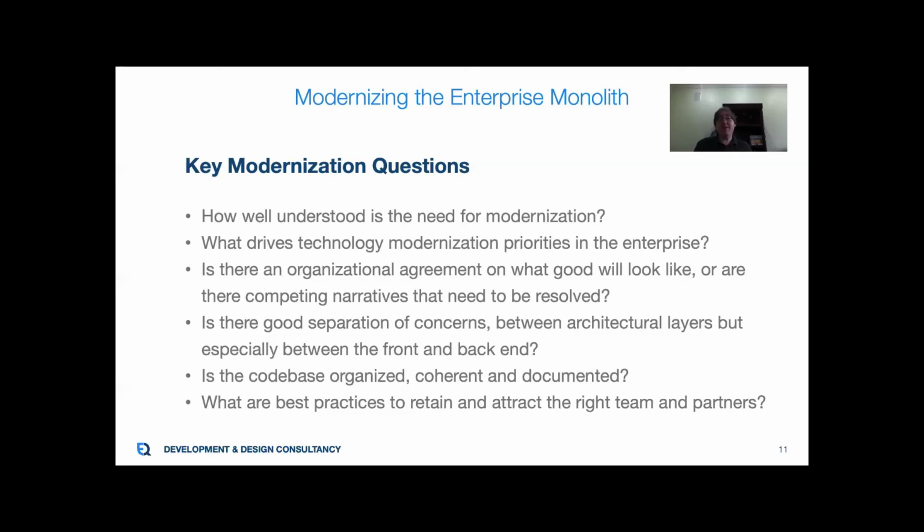And what are the best practices to retain and attract the right team and partners? At some level, an organizational question, at some level, an engineering question. Engineering feel the brunt of it because as you're manning a legacy code base, it can be harder and harder to find the people you want to join you. But it's bigger than that. Often partners are needed. That's where we get involved, obviously, at EQ.